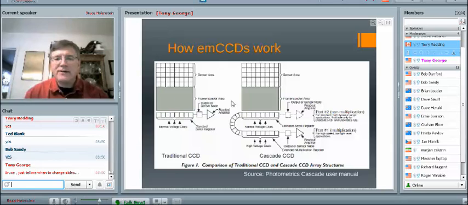But you have this other set of special registers where, when the photoelectrons are clocked from one register to another, a higher voltage is used, and each time the charge is clocked to a neighboring register, there's a small percentage chance that an impact electron will be released.